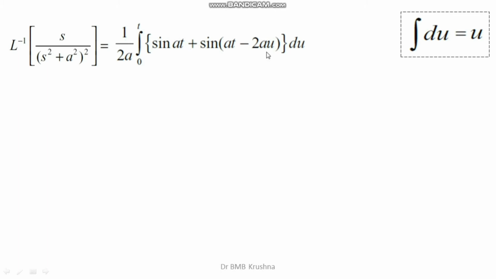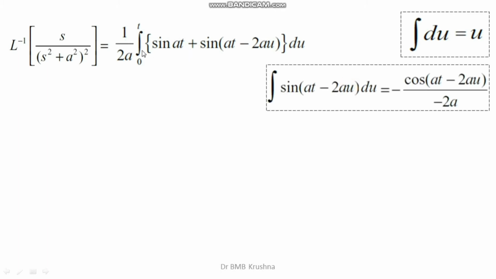Next is the integral of sine of (at minus 2au) du, whose integration is negative cosine of (at minus 2au), and the derivative of the inner function is taken in the denominator.